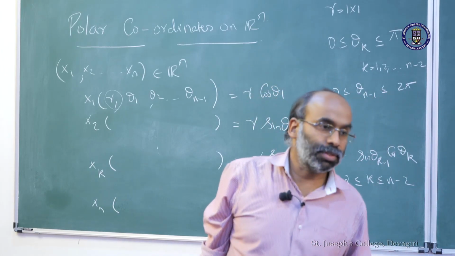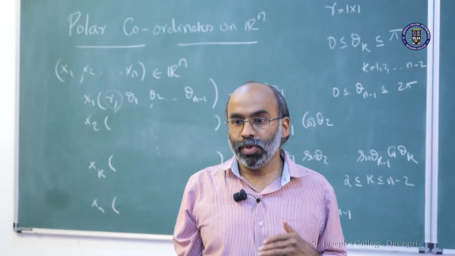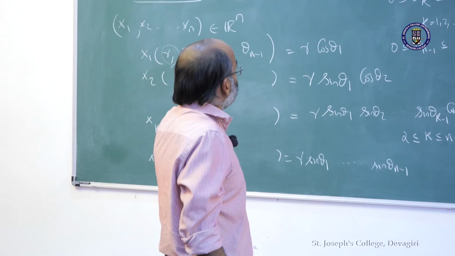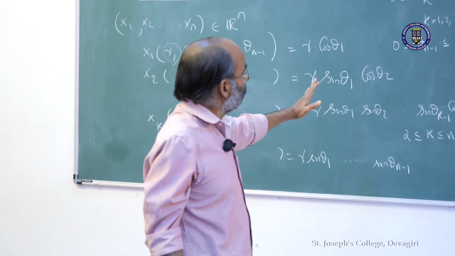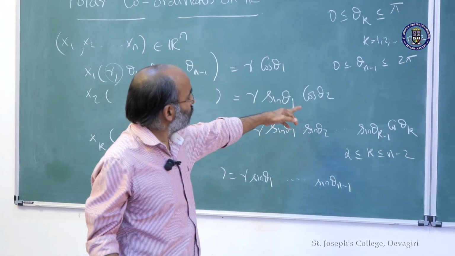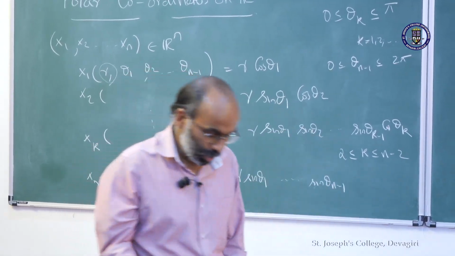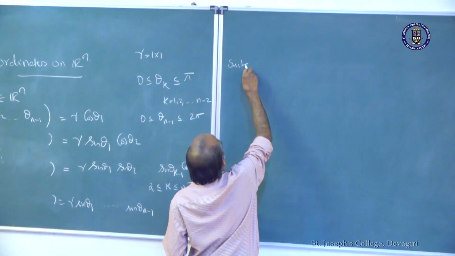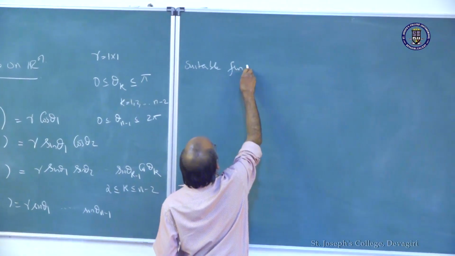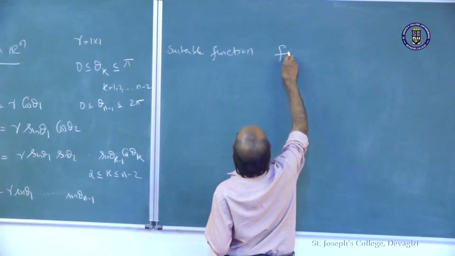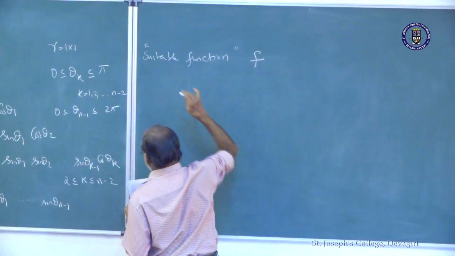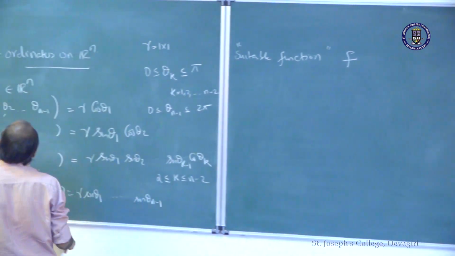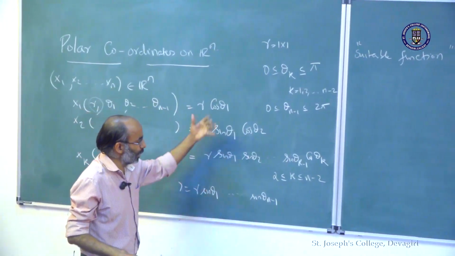So this is something which is standard, and we will use this to transform integrals on Rn into integrals over 0 to infinity and various ranges of theta. If I have a suitable function f, think of this as a map from Rn to whatever the range here is.